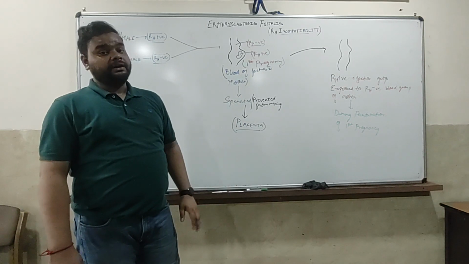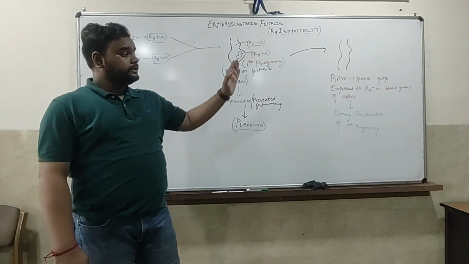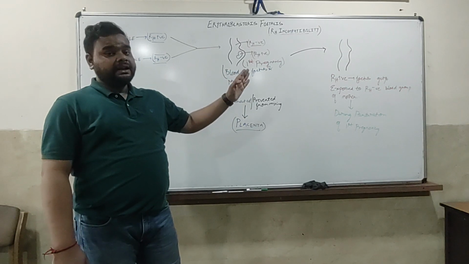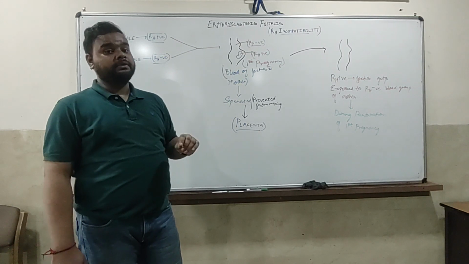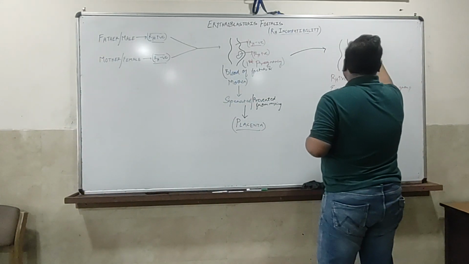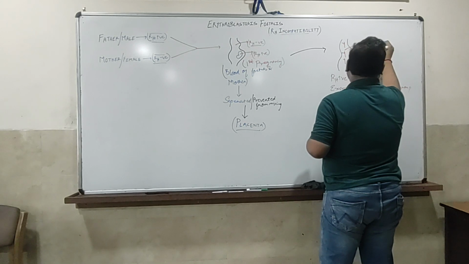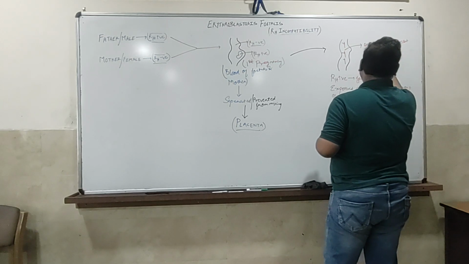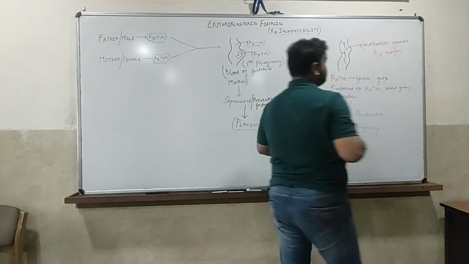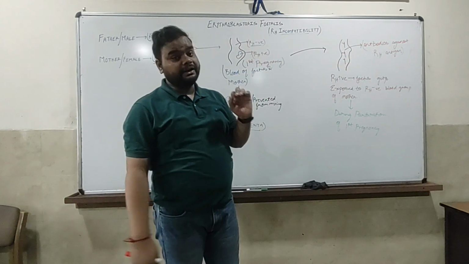So the mother's immune system will treat the Rh antigen present on the surface of the fetal RBC as a foreign body and will form antibodies against the Rh antigen.